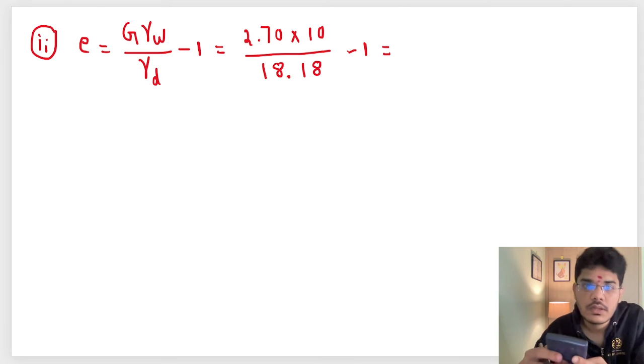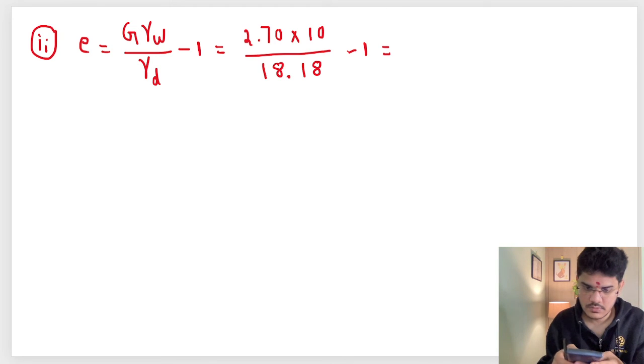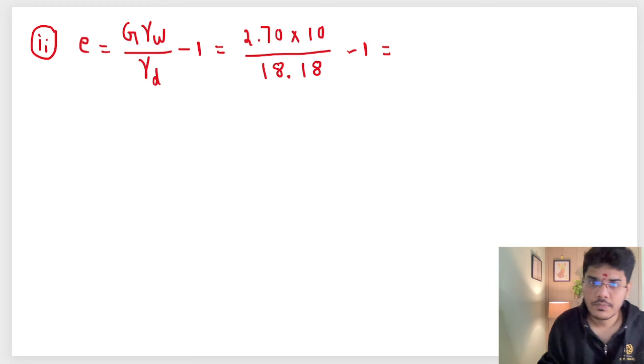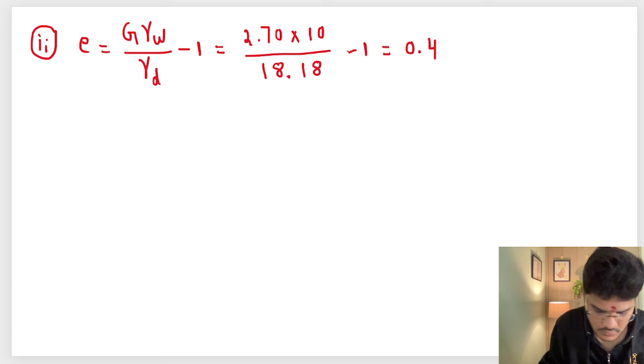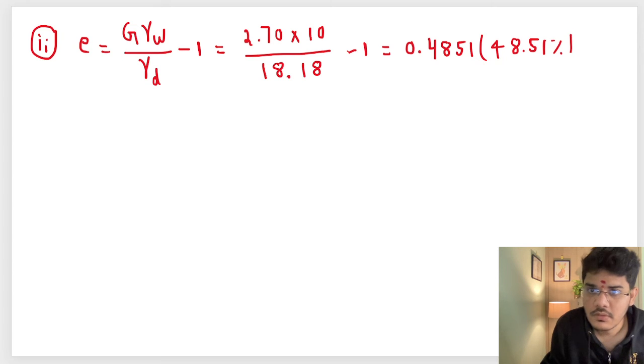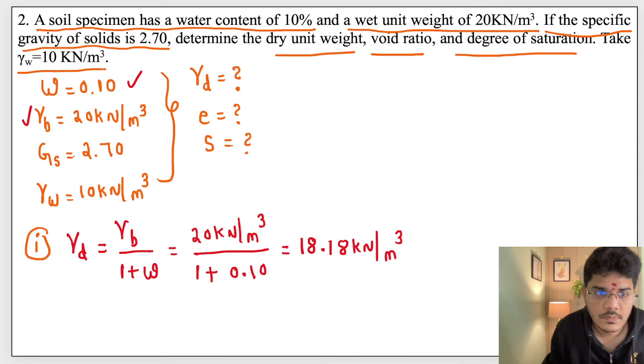If you calculate this, the e value comes around 0.4851, or 48.51%.